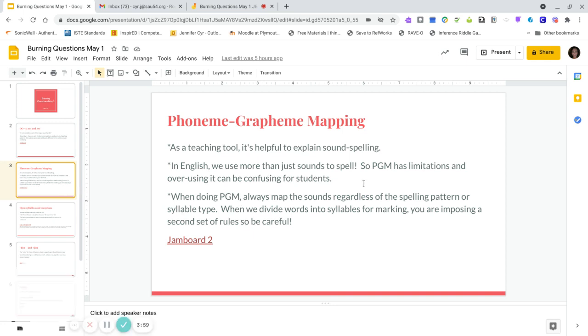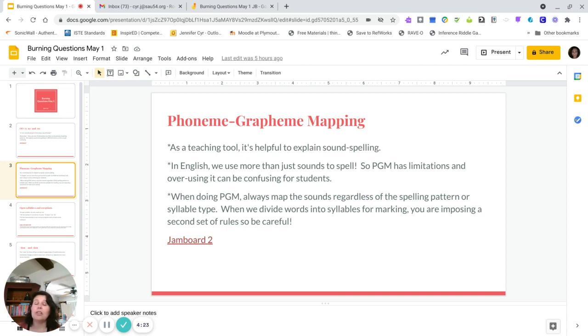Now, we had another question about phoneme grapheme mapping. All right, so phoneme grapheme mapping is a great tool when you are working with students on spelling at the sound level. It is great, okay, especially when kids are mostly learning to read by sound spelling pattern. But please keep in mind that in our language, we use more than just sounds to spell, right?